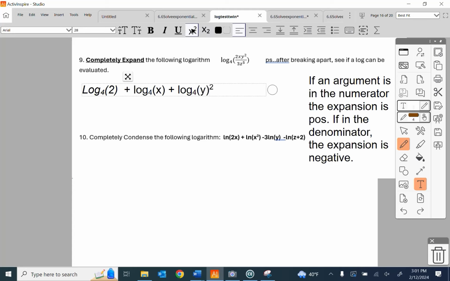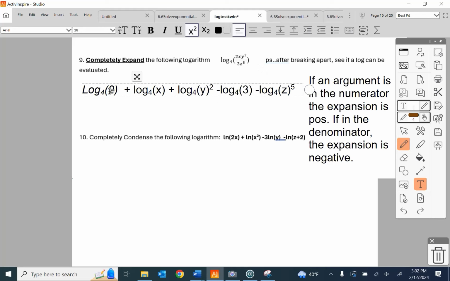I like to put those exponents outside. Then I'm starting to encounter some of these. Minus log base 4 of 3, and minus log base 4 of z to the 5th.